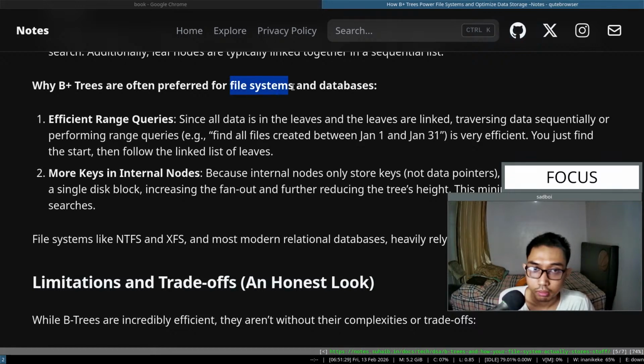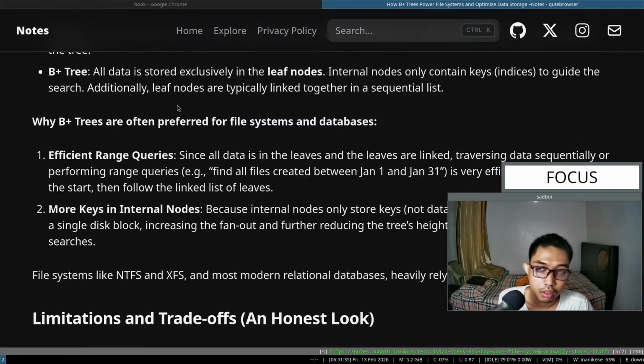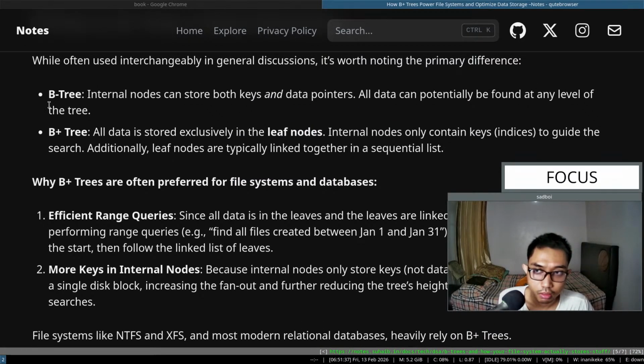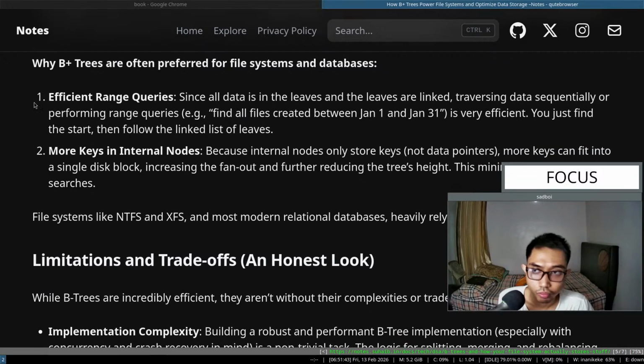Why B+ trees for file systems and databases? Efficient range queries. Since the data is in the leaves and the leaves are linked, traversing data sequentially or performing range queries, like finding files created between January 1st and January 31st, is very efficient.